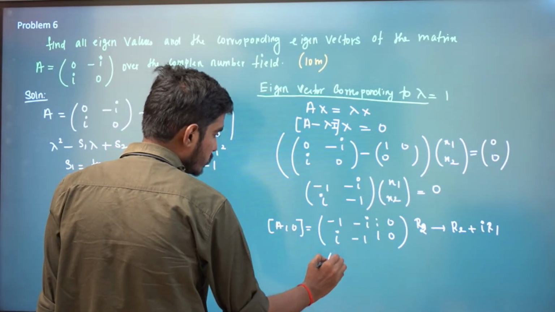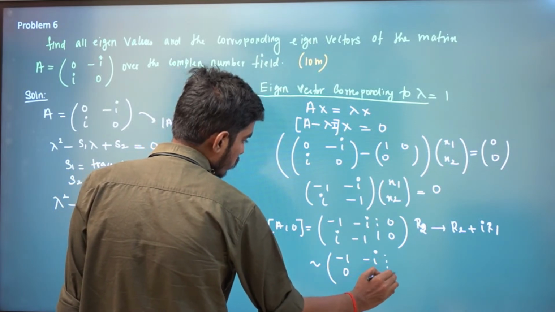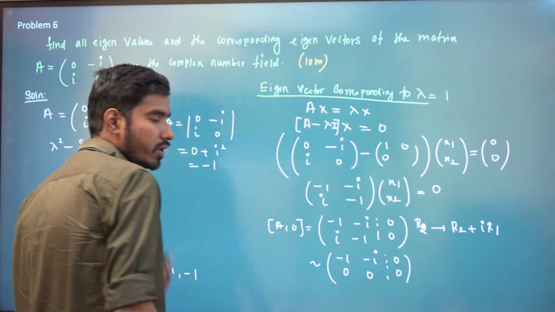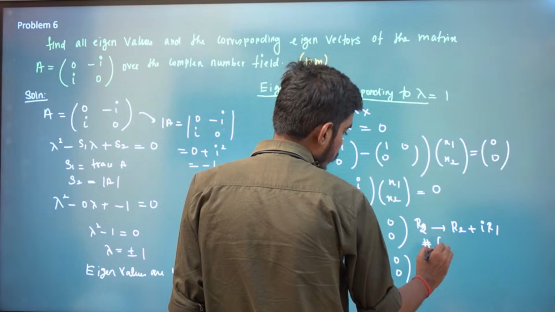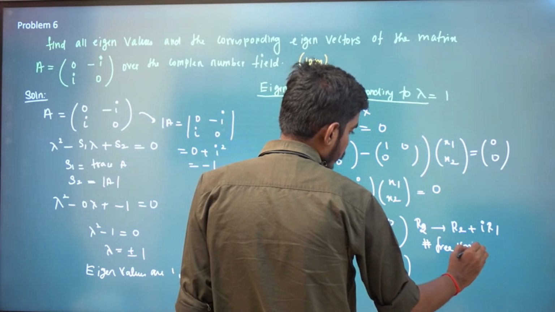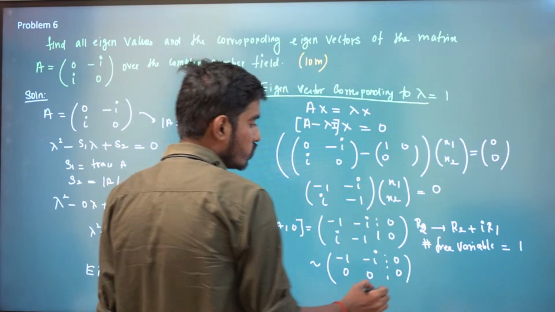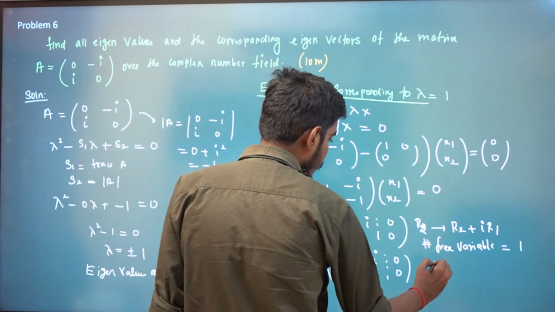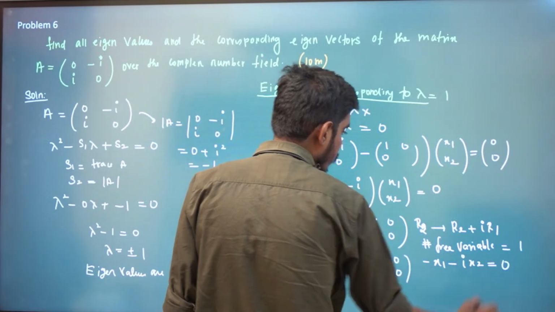So this reduces to [-1, -i | 0; 0, 0 | 0]. Here you can see the rank is 1, so that means we have one free variable. The number of free variables is 1. So we have one equation, which is minus x1 minus i times x2 equal to 0.